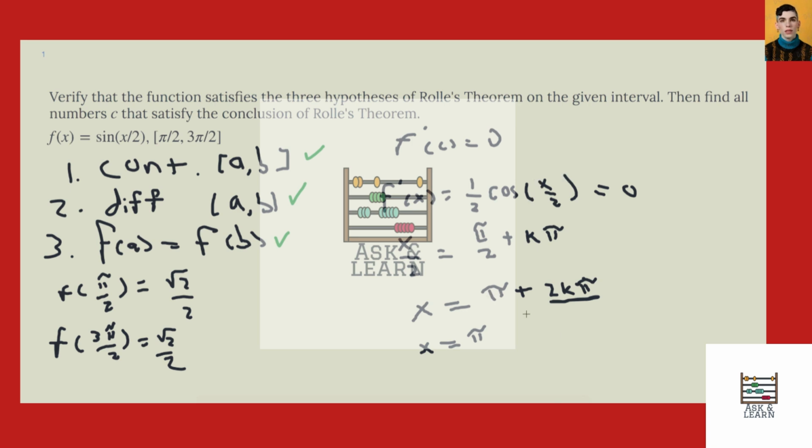The next point at which we get a value of 0 is when k equals 1, so that'll be 3 pi, and 3 pi is not in our interval. So the only value that lies in the interval is when x is equal to pi. And so this is the c that gives us f prime of c equals 0.